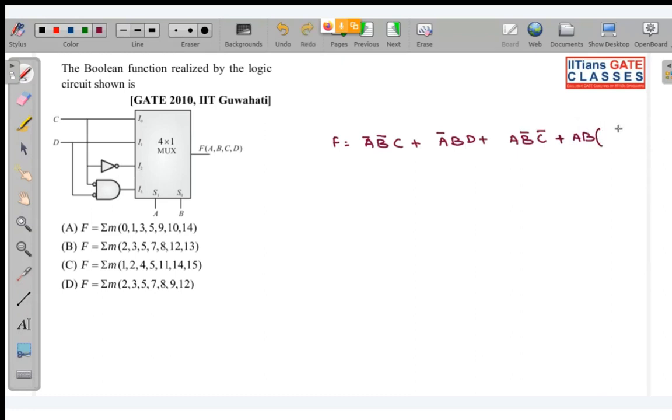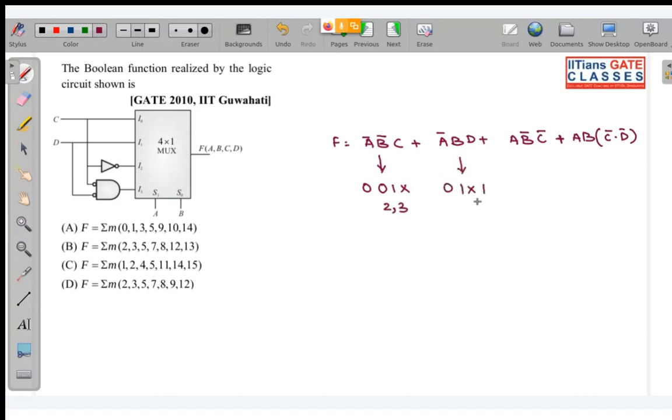You can write it like this. I3. So I3 is what? It is C complement dot D complement. Okay. So now if you see, this corresponds to minterm 0 0 1 cross. So either this will be 2 or this will be 3. This corresponds to what? 0, 1 cross 1.